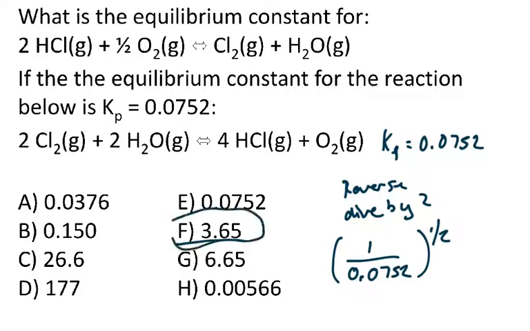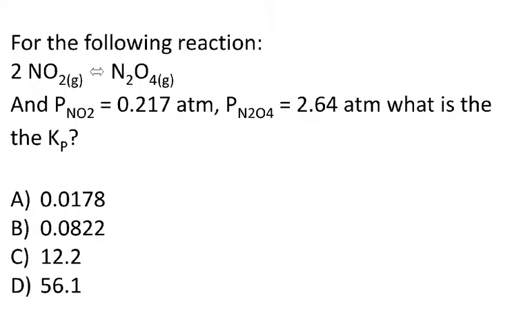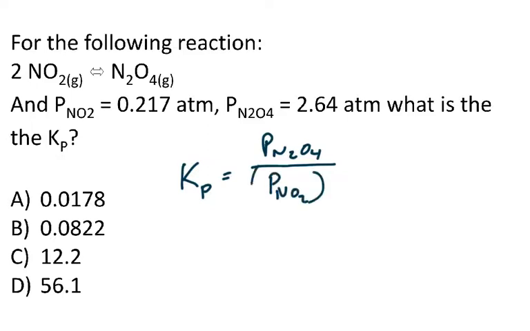So there we go. For the following reaction, 2 nitrogen dioxide is in equilibrium with dinitrogen tetroxide, and we are given these partial pressures. What is the Kp? So we know our Kp is going to be that 1 over the partial pressure of NO2 squared.